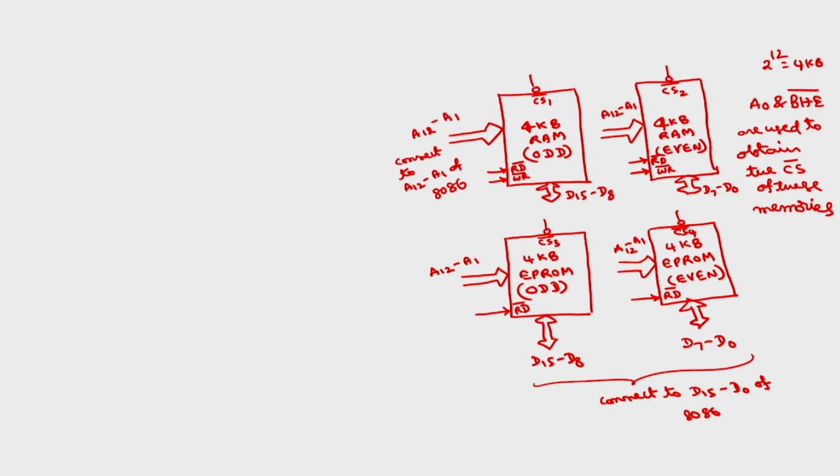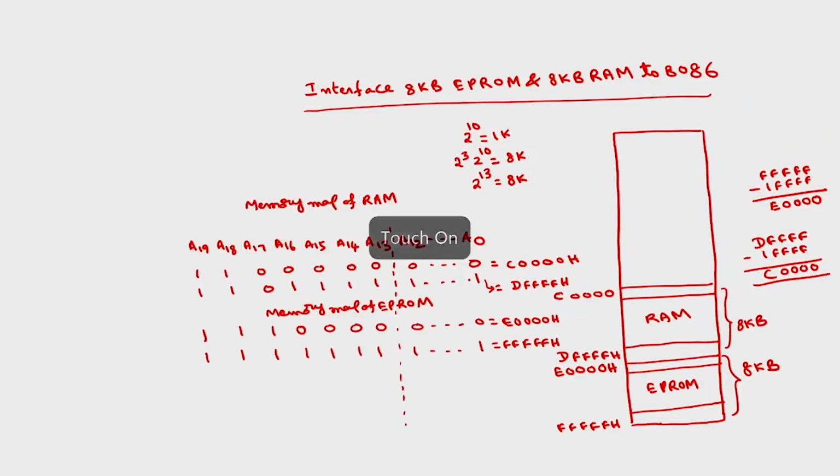Now, how to select the chips, so that this RAM will operate at the address that I have specified in the last slide, which is from C0000H to DFFFFH, and EPROM will interface starting from the address E0000H to FFFFFH.